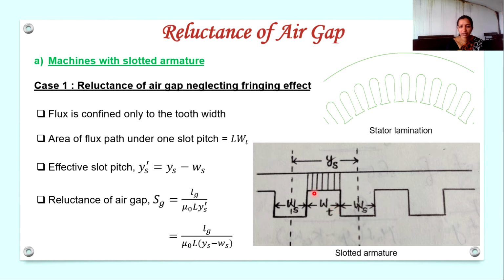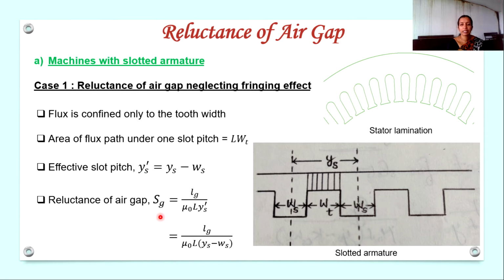Otherwise we can write this as Wt. This much width will be equal to the total width Ys minus Ws by 2 minus Ws by 2, or Ys minus Ws. So in this case, the effective slot pitch Ys dash will be equal to the actual slot pitch Ys minus Ws, which is equivalent to Wt. Ys dash is equivalent to Wt.